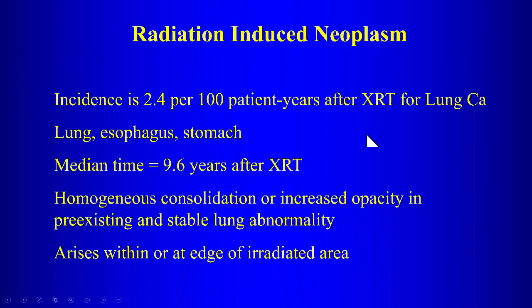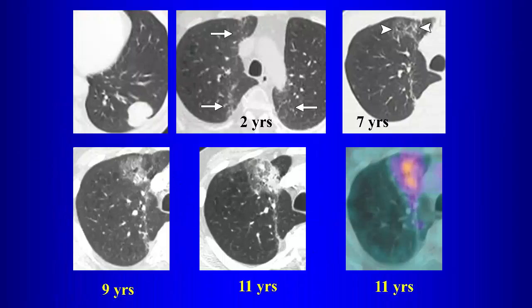Radiation-induced neoplasm, so this is cancer actually induced by the radiation therapy itself. This is not recurrence of the original tumor. This occurs many years after the therapy. Recurrent tumor will occur within a few years after therapy, but this occurs about 10 years after radiation therapy. And here, what we look for is a new opacity within the radiation field.